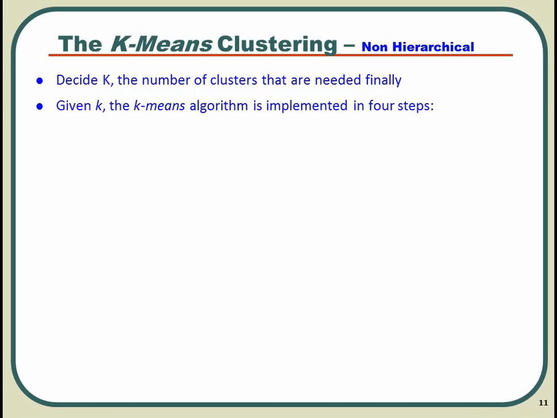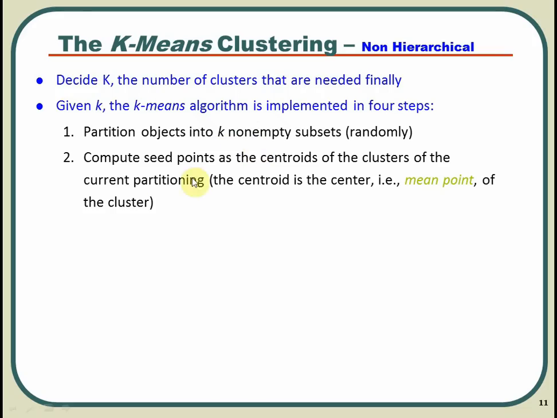Once you have the K, that okay, I am looking for 8 clusters, then you follow the 4-step process. The first step is that you partition the whole data set, the whole objects, into K non-empty sets. What you need to keep in mind is non-empty sets. So each of the K subsets should have some observations. Next, you compute the seed point for each of the clusters.